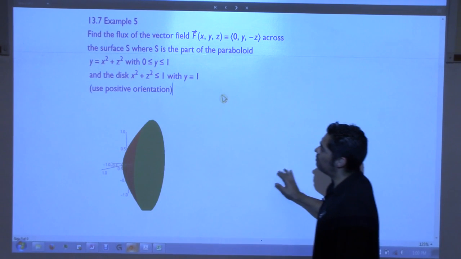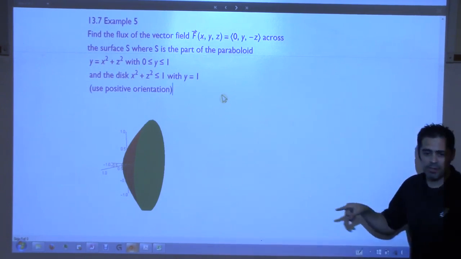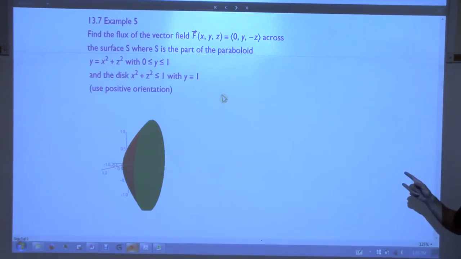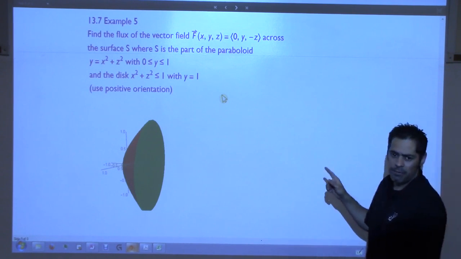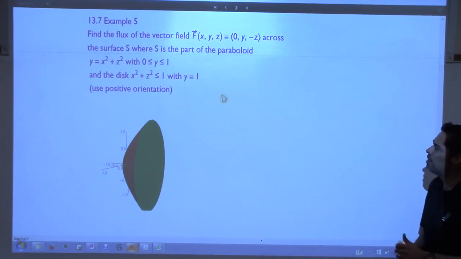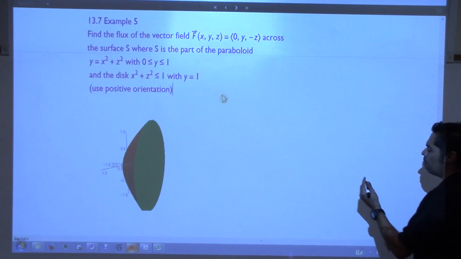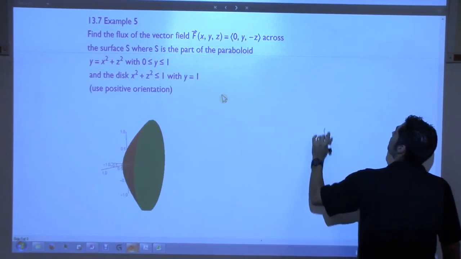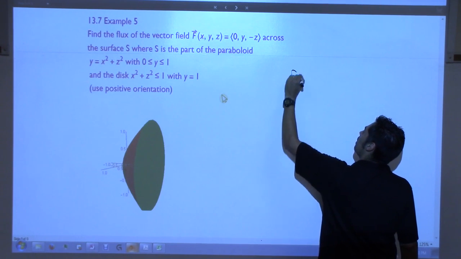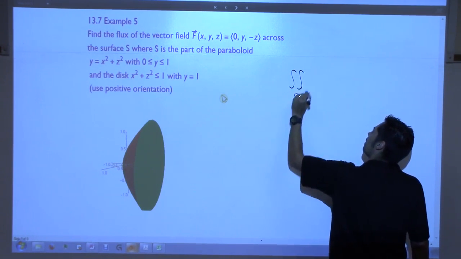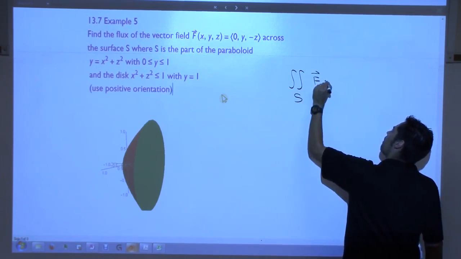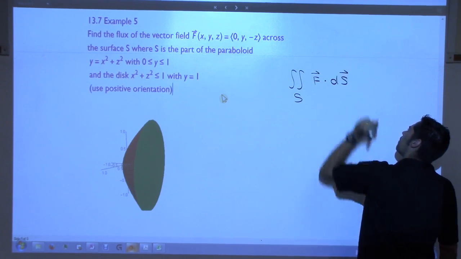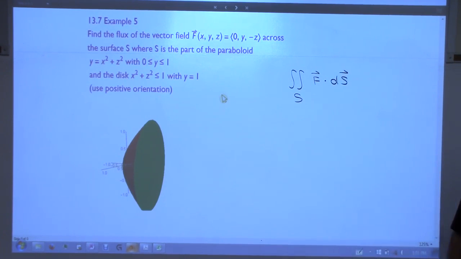All right, so look, we're gonna get through 13.7 today. We're gonna start 13.8. I'm gonna do 2 more examples in 13.7 of flux. And to remind you what we have for flux, there are a couple of formulas. The main one I'm gonna use, does that look familiar? Somewhat familiar?